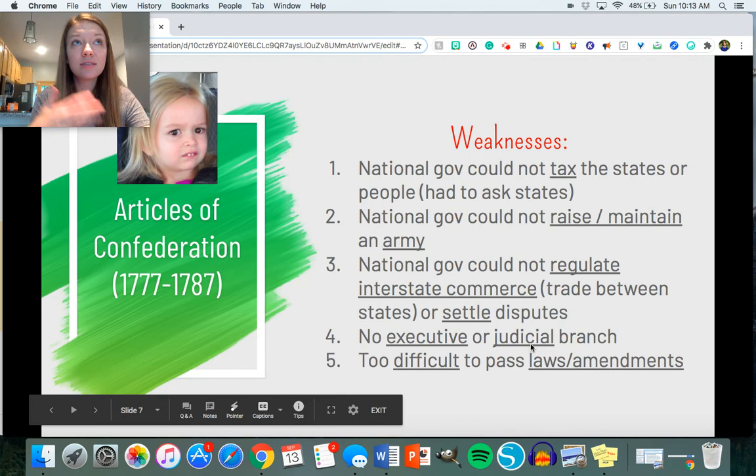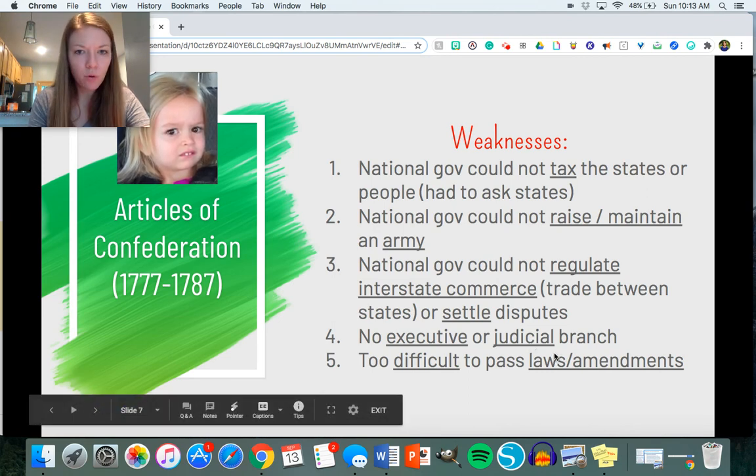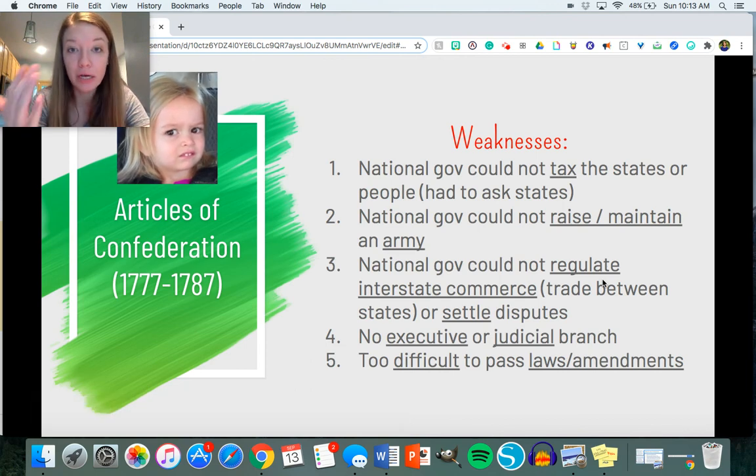And these states have had time to become very different over the years of our country, and it's very hard to get them all to agree, right? I have a hard enough time when I'm with a group of friends deciding where we are going to get dinner, right? And I'm sure you guys do too, let alone getting 13 people or groups to agree on a law or amendment or change to a document of the government, right? That was a very, very hard task.